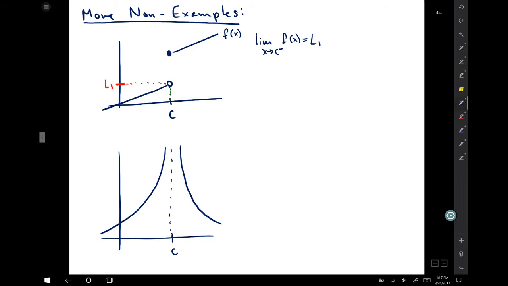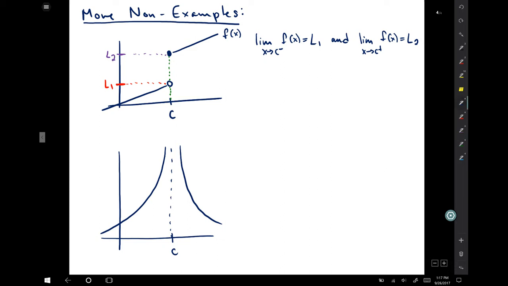And on the other hand, if I take the limit from the other side as x goes to c from the right, I end up with some other value L2. So I go up, and I map that over. And here in my picture, there's L2.